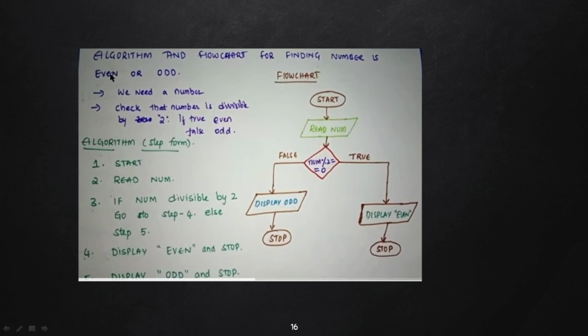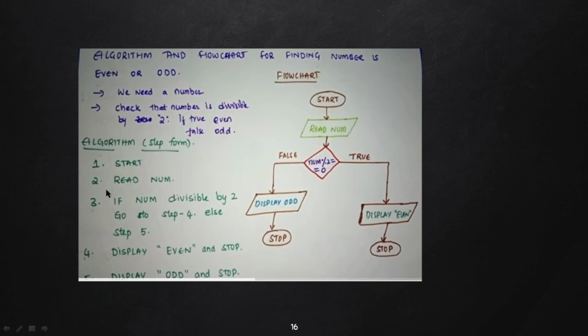For even, the definition is if any number is divisible by 2, that is even, else odd. If we divide 12 by 2, 2 sixes are 12 and the remainder is 0. After dividing any number by 2, if we get remainder 0, then that is an even number.